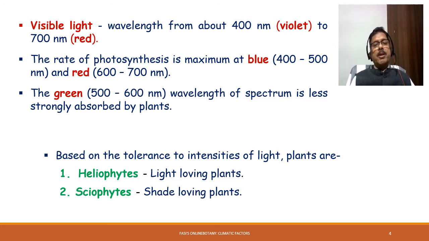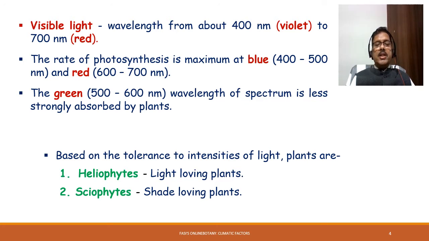The visible part of the light is made up of wavelengths from about 400 nanometers, that is violet, to 700 nanometers, that is red. The rate of photosynthesis is maximum at blue, between 400 to 500 nanometers, and red, between 600 to 700 nanometers. The green, between 500 to 600 nanometers wavelength of the spectrum, is less strongly absorbed by the plants.